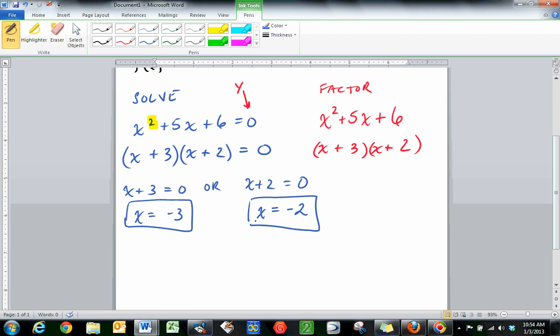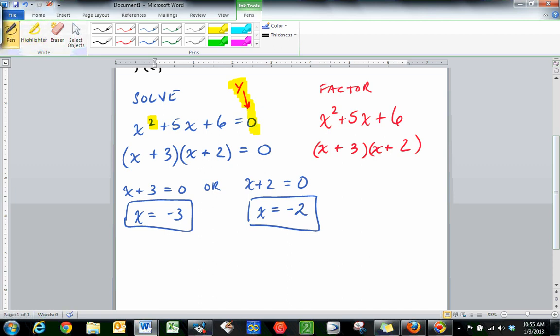What I would like to do, however, is bridge this back to a previous lesson when we learned how to graph. And if you recall, we learned how to graph in intercept form, which gave us the two intercepts of the quadratic equation, the two x-intercepts. In essence, that's what we found here. If you look at the y that I've created up here, we basically said that the y was equal to 0.